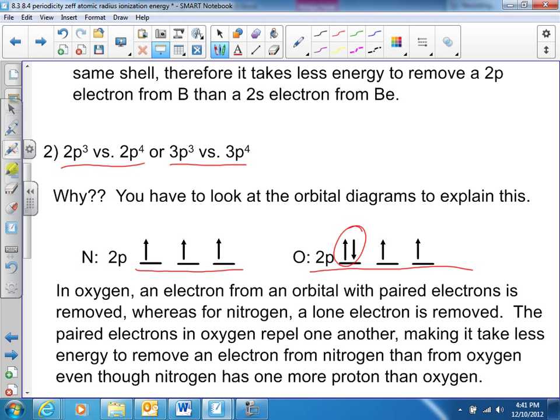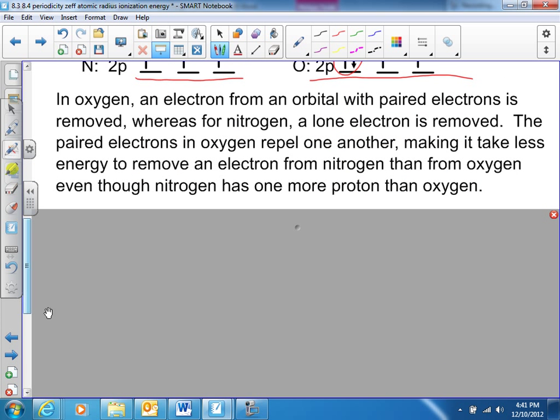So in oxygen, you're removing an electron from an orbital where the electrons are paired, and those electrons are repelling one another. It's kind of like they're pushing each other a bit. And if 2 electrons are repelling each other, it takes less energy to pull off an electron from oxygen than it does to take any of these electrons from nitrogen.